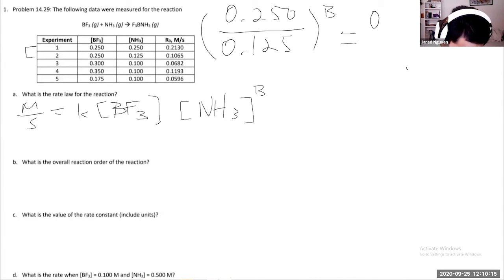So that's 0.1065. Oh, sorry. Remember, keep your units consistent. I shouldn't have done that. I should have done 0.2130 over 0.10.